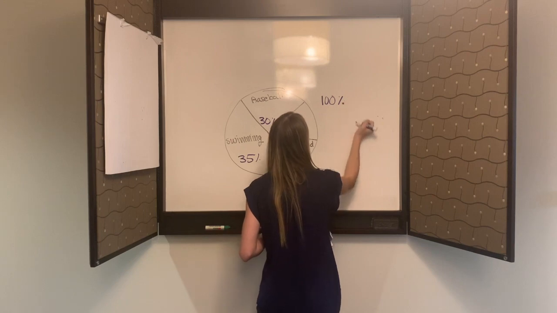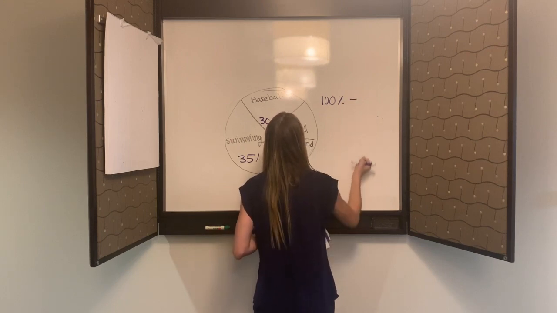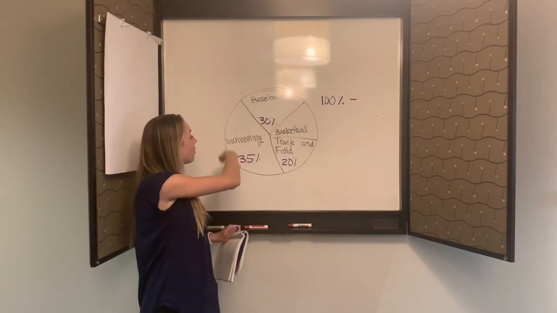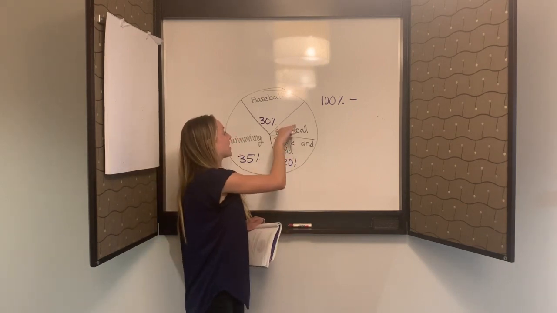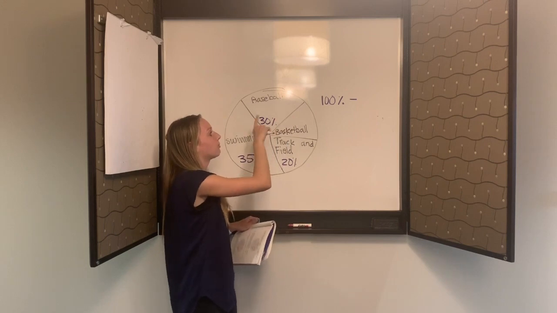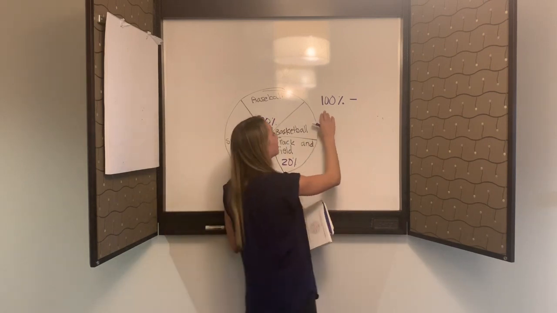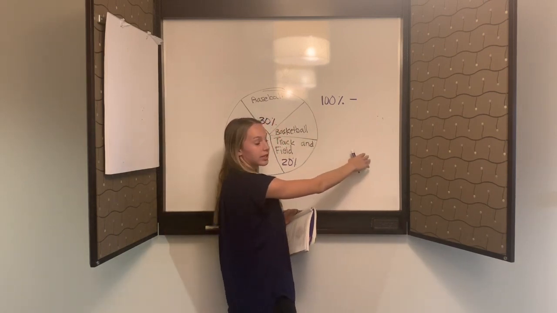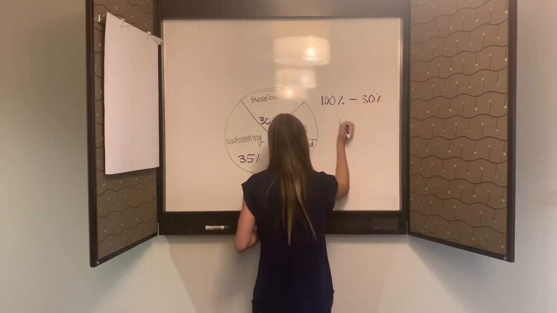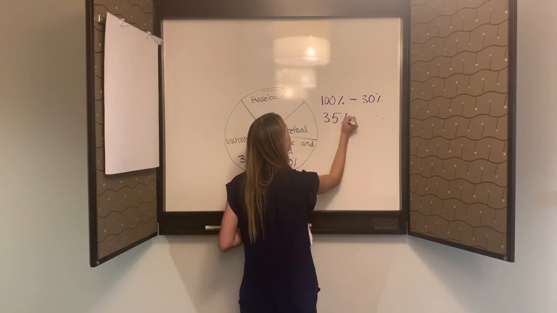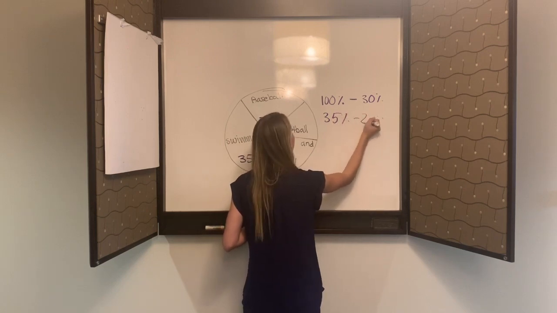So we have 100%. And we are gonna subtract all the other percentages we got because we're only figuring out basketball. And we know the total is gonna be 100%. So we subtract the whole by all percentages. So 100% minus 30% minus 35% minus 20%.